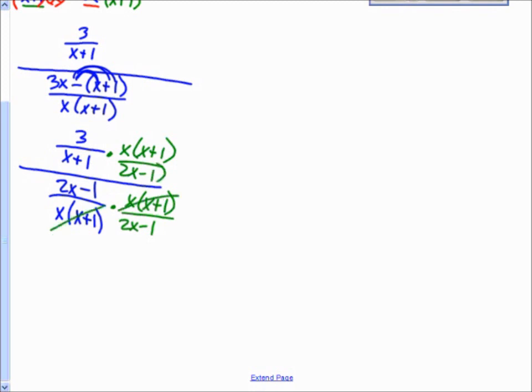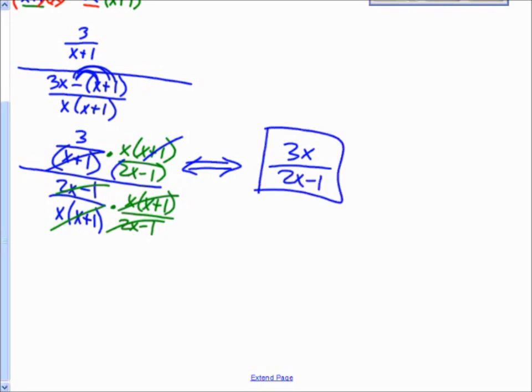Now what does this become? Notice an x plus 1 here, x plus 1 there. So in the numerator you just have 3x left. This is just going back to last section. And the denominator you just got that 2x minus 1. So 3x over 2x minus 1.